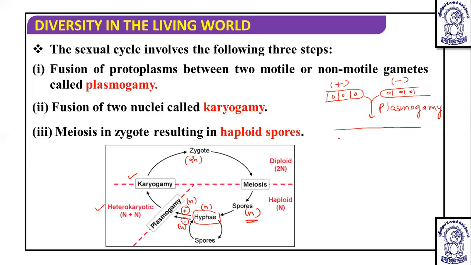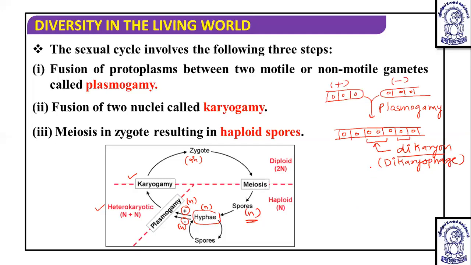When plasmogamy occurs, the hyphae will look like this. The round circles are nuclei. You can see each cell has a single nucleus, but in this cell there are two nuclei. This condition is known as the dikaryon condition, and the phase is known as dikaryophase.